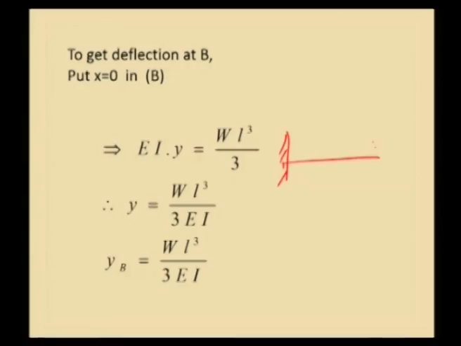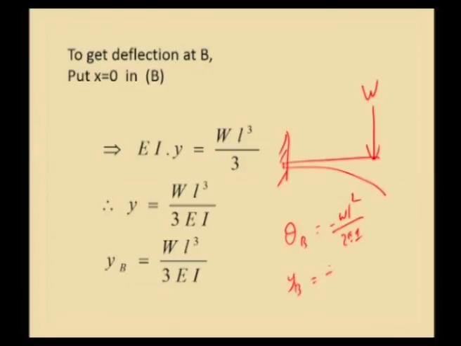So, now we have arrived, in case of a cantilever beam subjected to point load at the free end, which deflects in this manner, at the slope at free end theta B equal to minus W L squared by 2 E I, and deflection y B equal to W L cube by 3 E I, where E I represents the flexural rigidity of the beam.